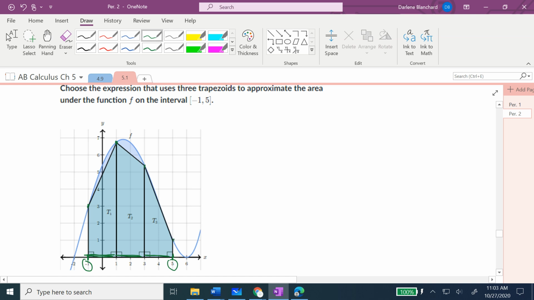Now this time you don't see the y values, so you're just going to say the y values are, for here, f of -1. For this length of the base, f of 1. So I have base 1 plus base 2 divided by 2 times the height, which is the delta x, and this delta x is a length of 2, and that's trapezoid 1.